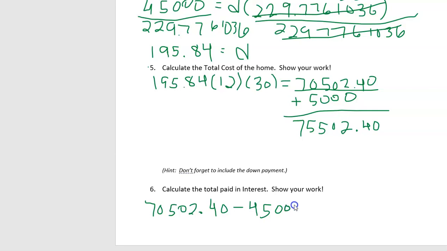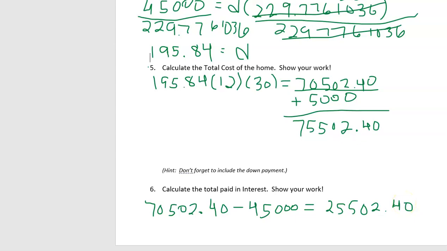I didn't put that $5,000 deposit in here because we didn't finance that. This minus the amount we financed is going to tell us how much interest we have paid, and that is $25,502.40. You'll notice that that is more than half the value of the home.